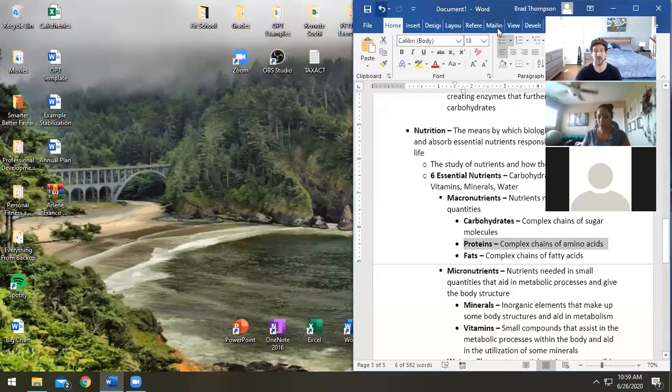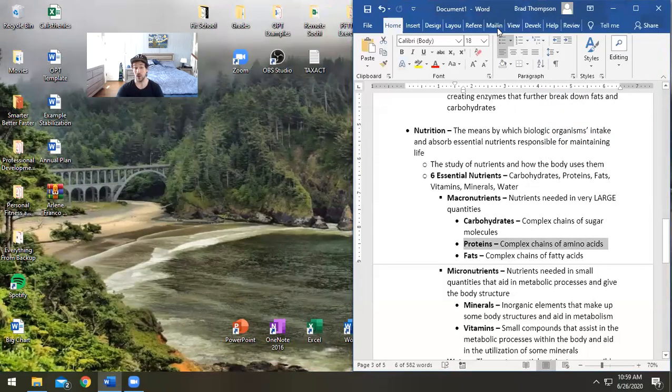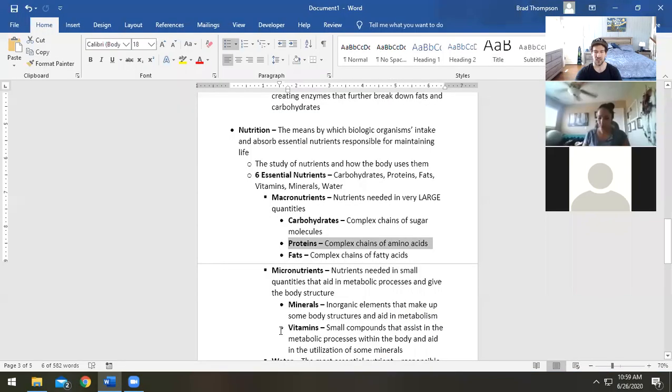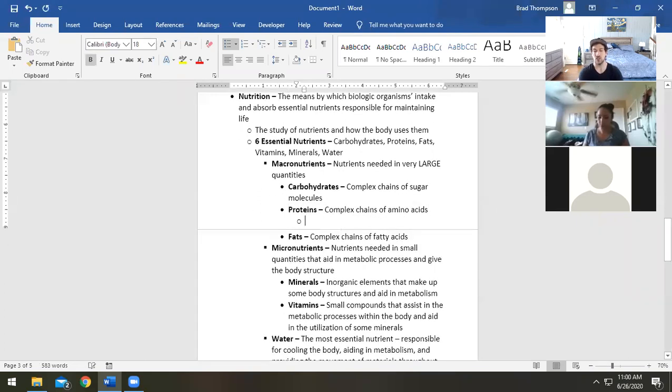The last little thing I do want to put in here, because I think it shows up on your homework, is a modification to these nutrients notes. You're going to see this version of notes a lot. Carbohydrates, complex chains of sugar. Proteins, you have amino acids, which are the building blocks of proteins.